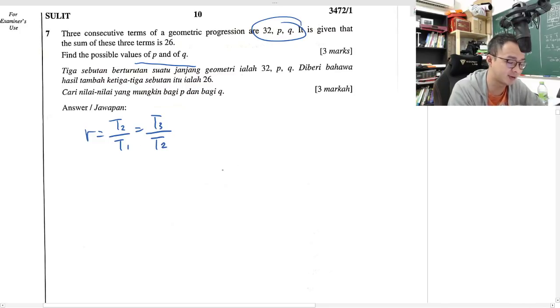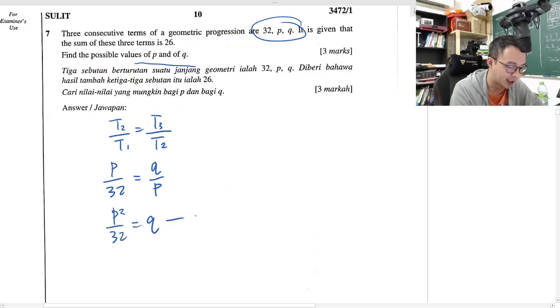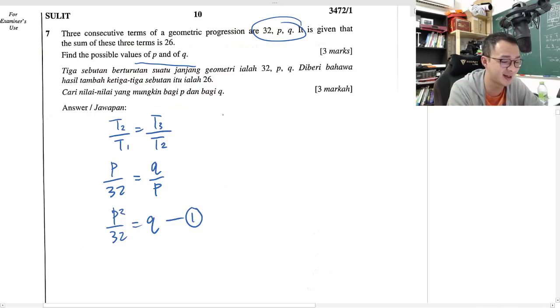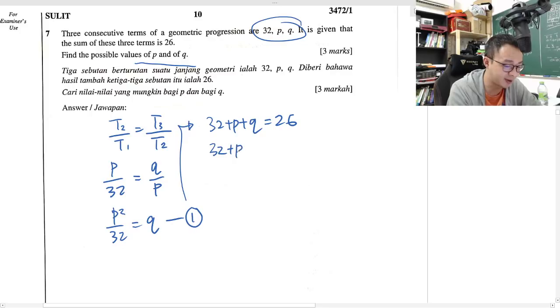So I will do P over 32 equals Q over P. From here, I make one equation: P squared over 32 equals Q. I call this my first equation, because I also need the second piece of information: the sum of these three terms is 26. So 32 plus P plus Q equals 26. From here, I can substitute my Q into this equation. So 32 plus P plus P squared over 32 equals 26.